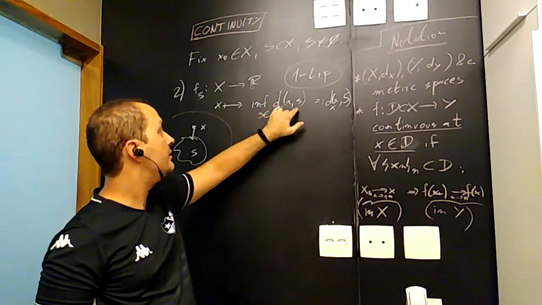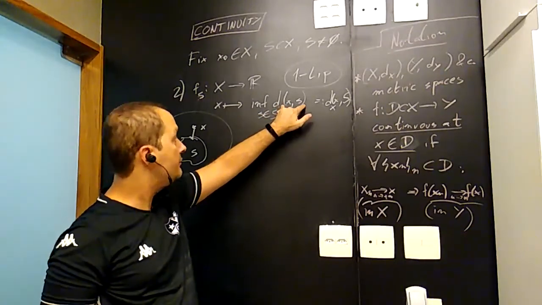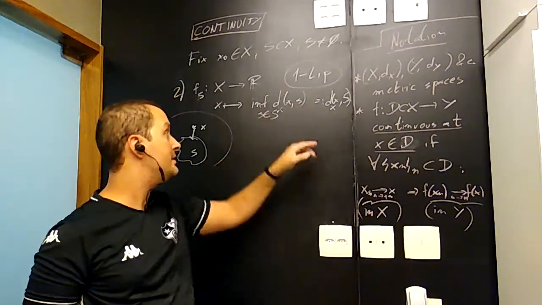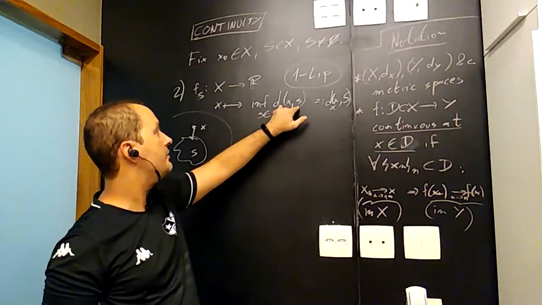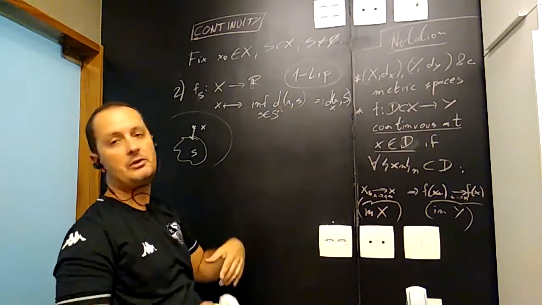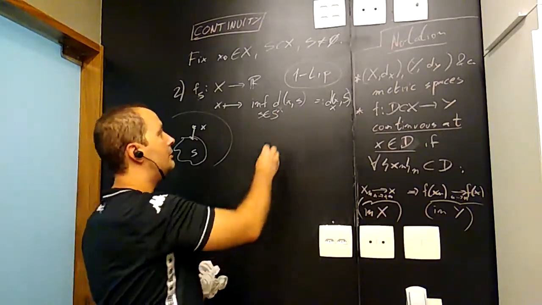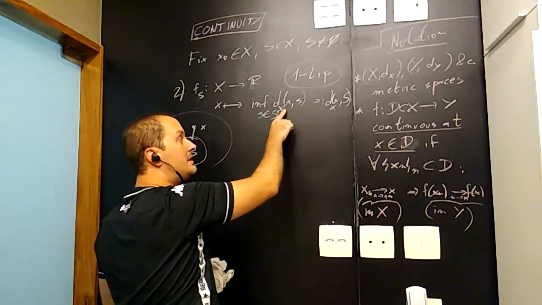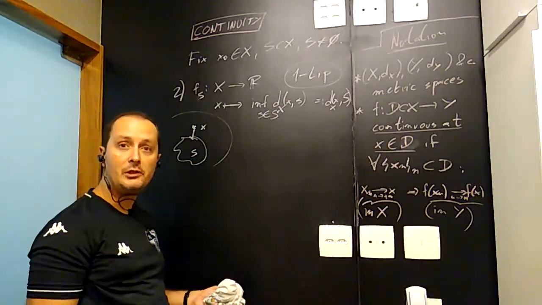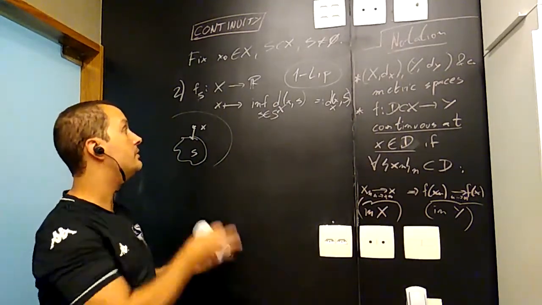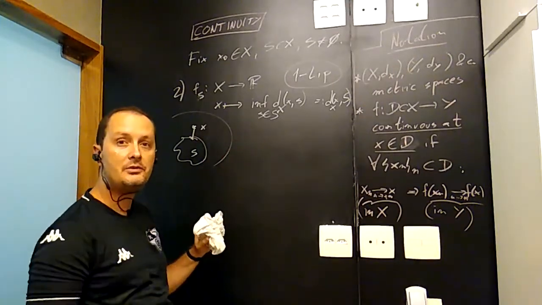So the set of values like this is a set of real numbers that's bounded from below by 0, right? All distances are non-negative, so the smallest value that a distance can take is 0. Well, the largest value could be infinite. Maybe there's no largest value. But we know that the set of values is bounded from below, and a set of real numbers that's bounded from below has an infimum, which is a real number. So everything here makes sense. There's no question that this is correct.